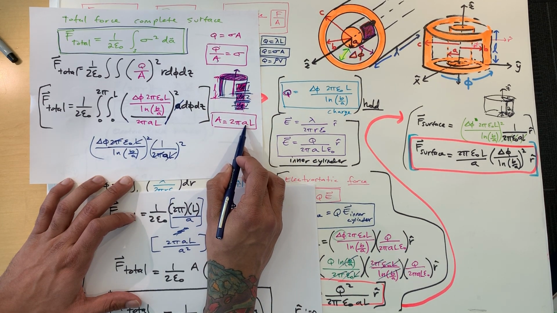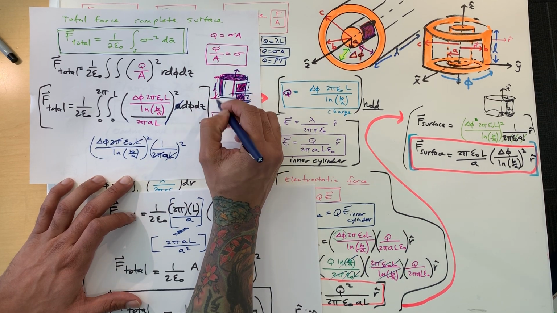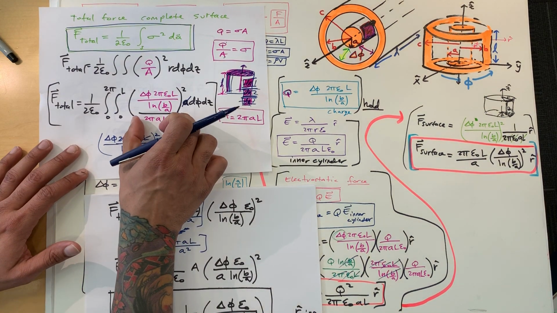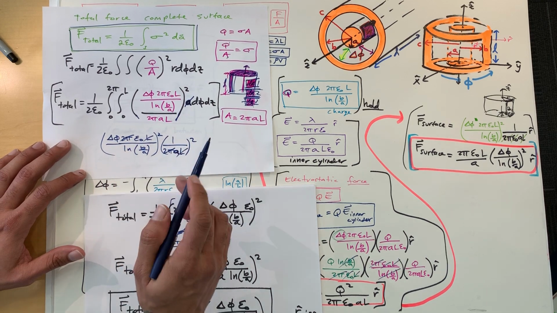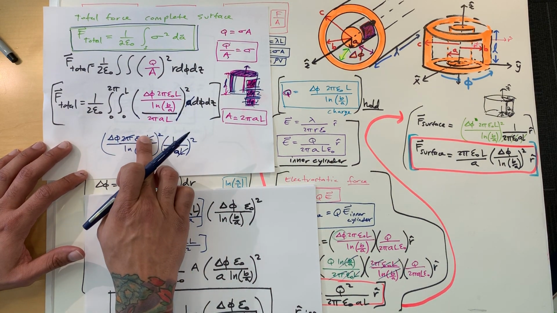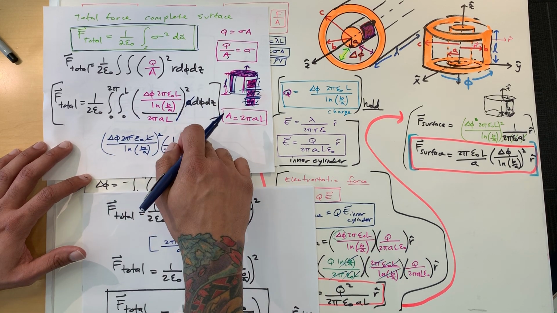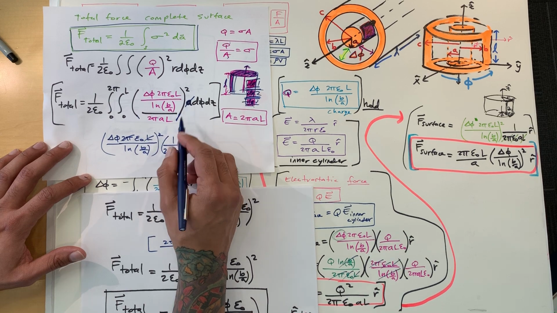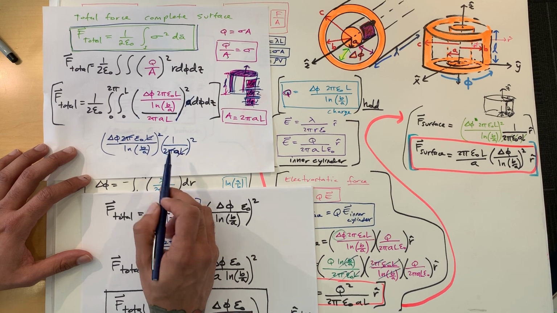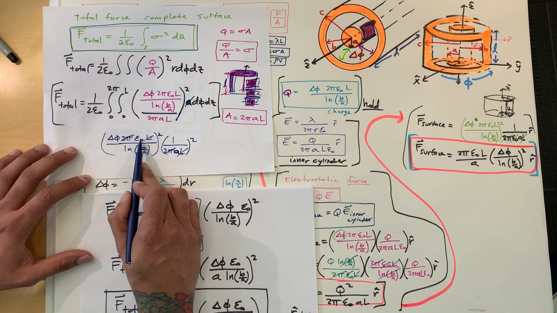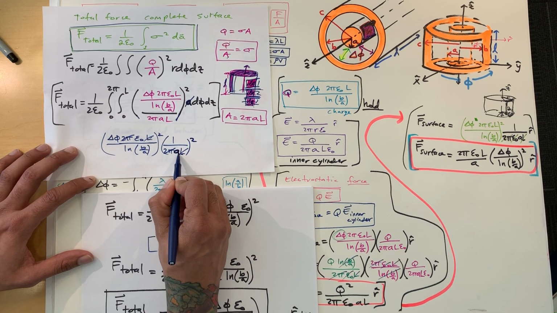So 2 pi A, because that's the radius, and L, because of the length of the cylinder. Just doing this algebra, this top part stays the same, and then I want to flip this bottom part up. So that's going to be 1 over 2 pi A L. The L's cancel out, 2 pi cancels out. We're left with epsilon naught squared, and then we have A squared on the bottom.